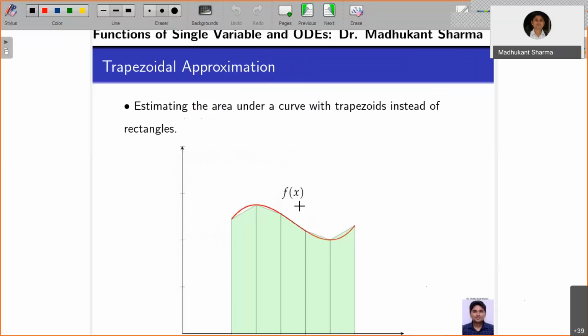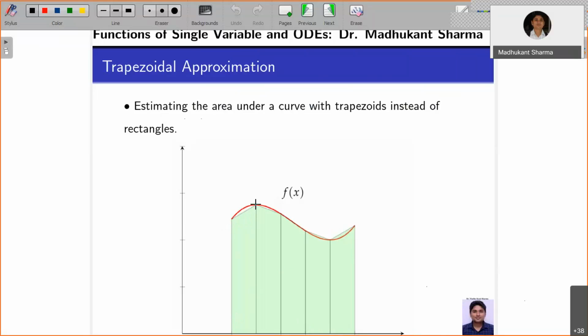If you have the curve here, similarly you consider a partition and draw vertical lines parallel to the y-axis.